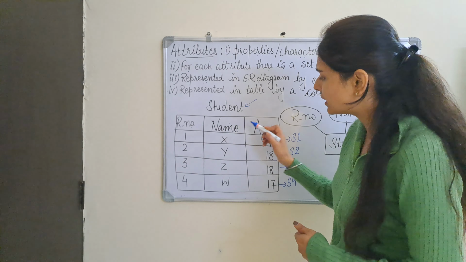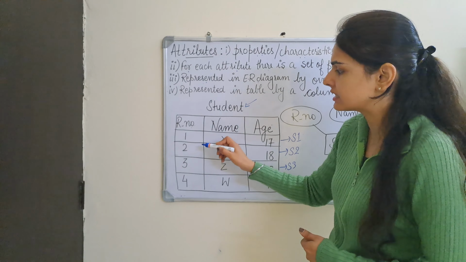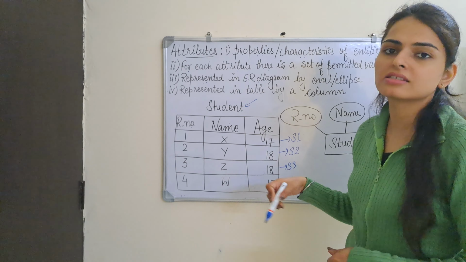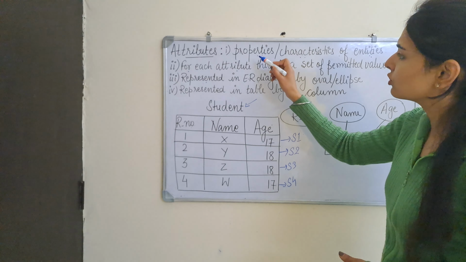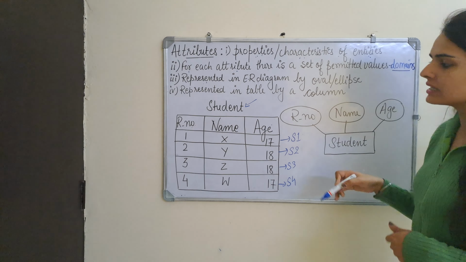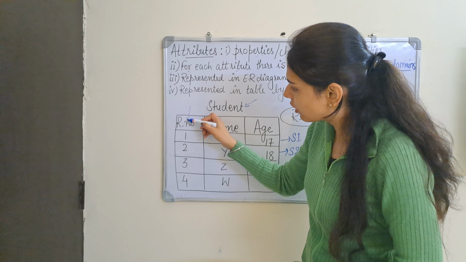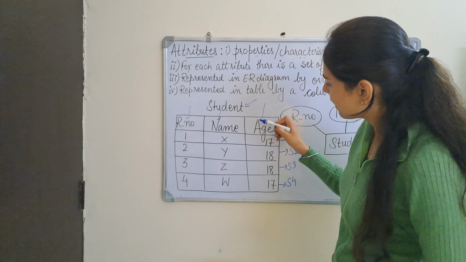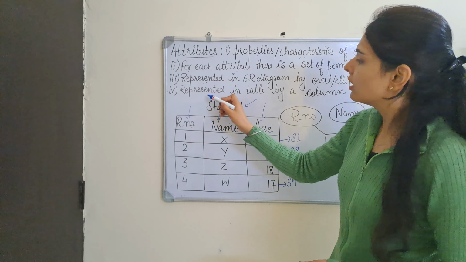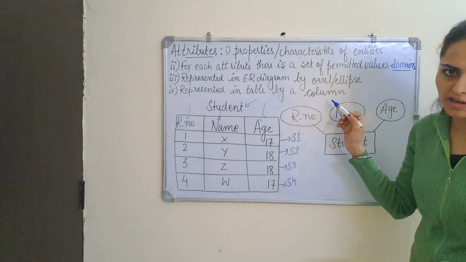Now these properties that each and every entity shares in this entity set are called the attributes, right? So these are the properties or the characteristics of entities. Each column here represents an attribute, so attributes are represented in a table by a column.